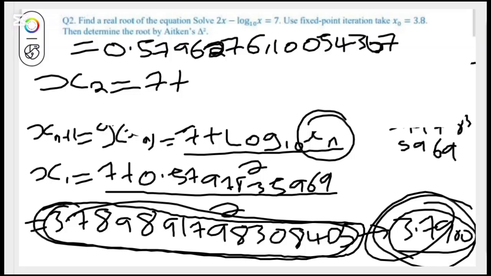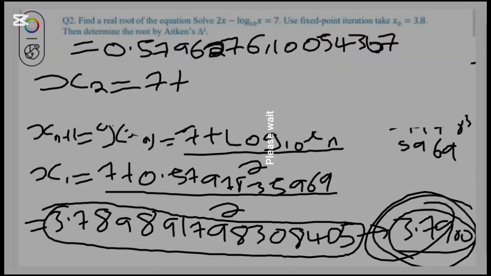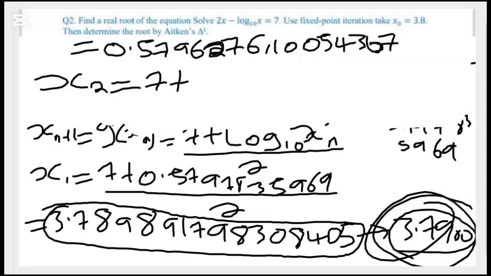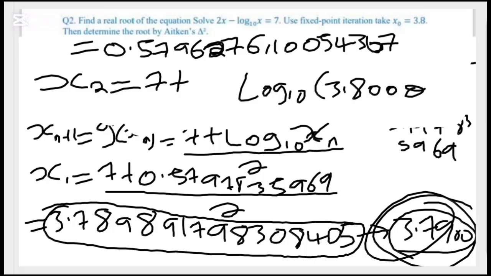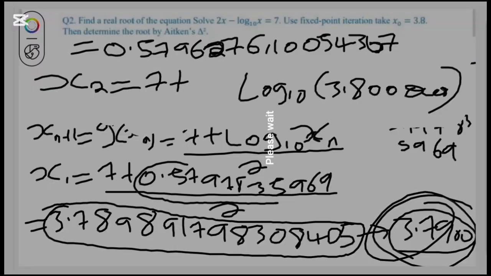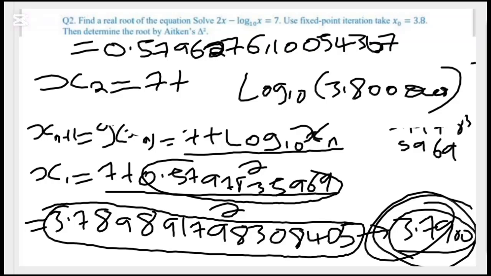Before, I did it with 0, with x naught, which is 3.8. So you have to take note, for this x of n, I did it with 0. I multiplied log of 10 by 3.80000 until I got this 0.5379 and those things.